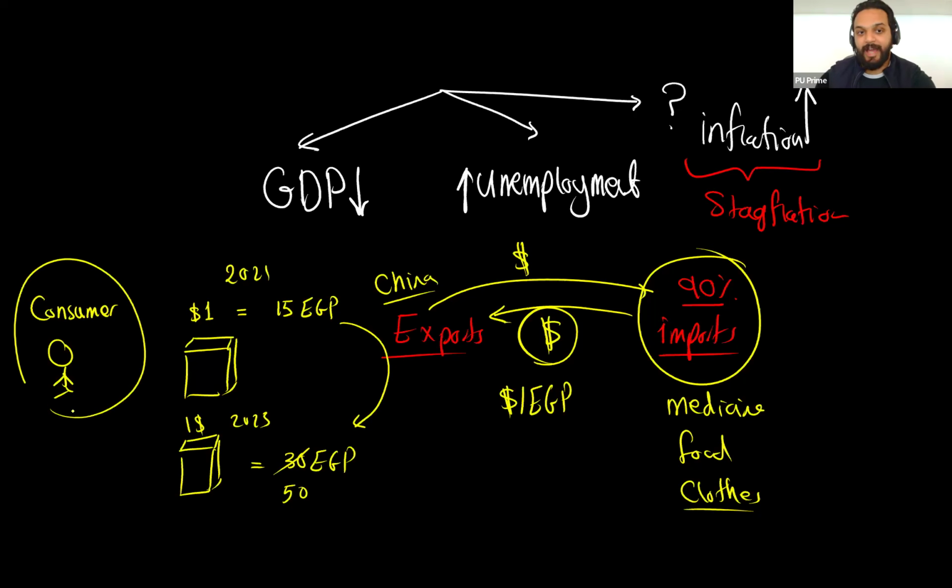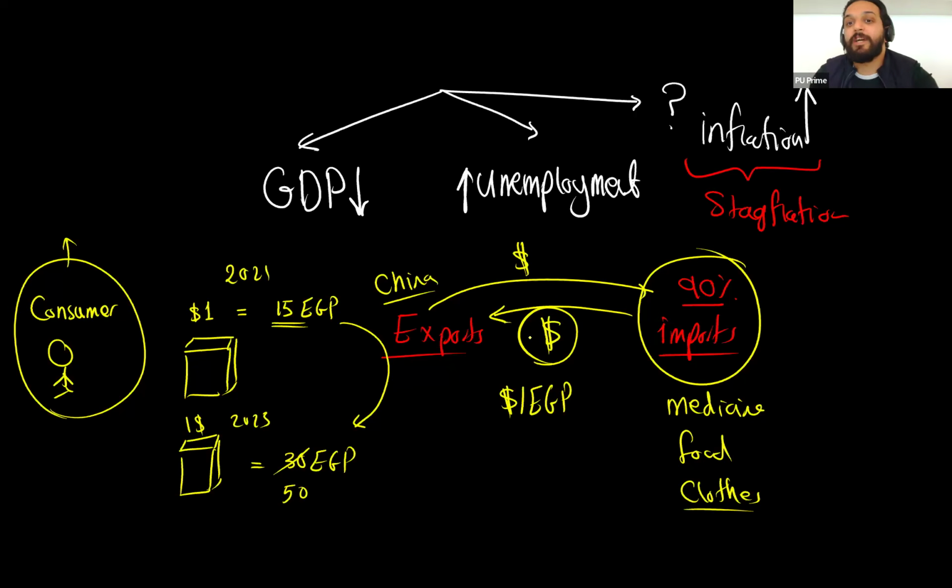Now, this guy's country is actually not producing too much. They don't have more opportunities. There is no economic growth. But the prices are massively going up, more than a 200% increase for the same dollar, because you are importing basic things from external parties and paying in dollars, but the dollar against your currency is appreciating, right?